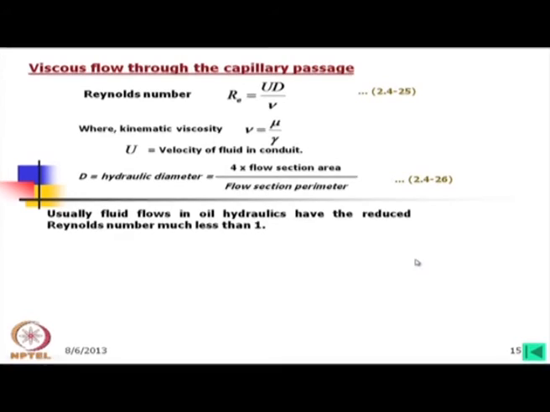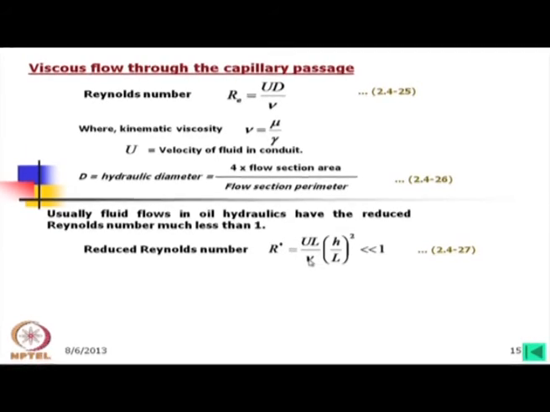Now, in the case of fluid power, we consider a reduced Reynolds number, which is expressed as R star is equal to U L by, sorry, this is not rho, nu into H by L whole square. Normally you will find this is much less than 1, where L is the length of the capillary passage and H is the height of the gap or capillary passage.